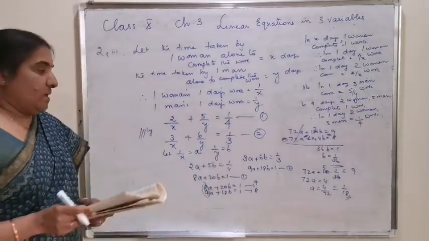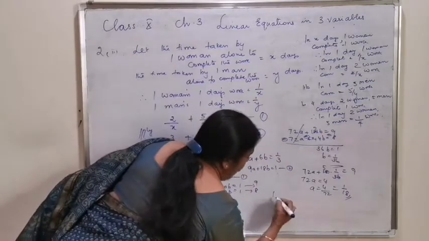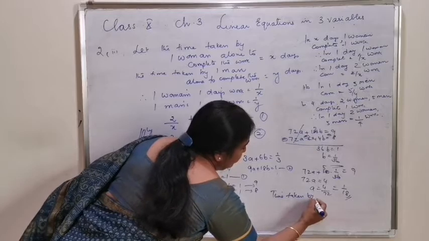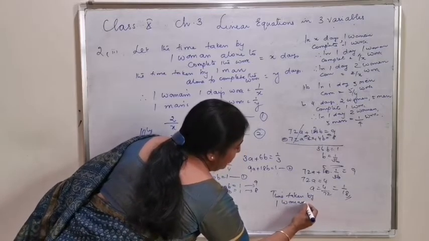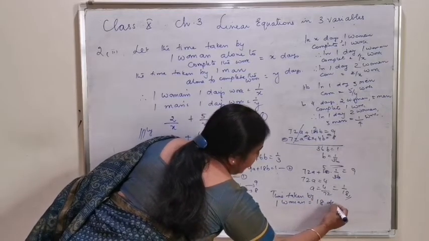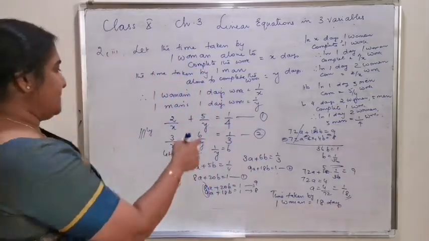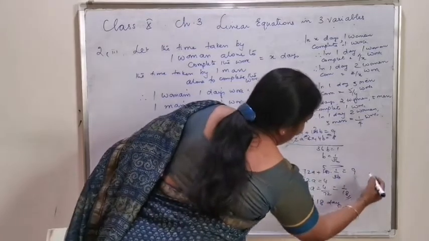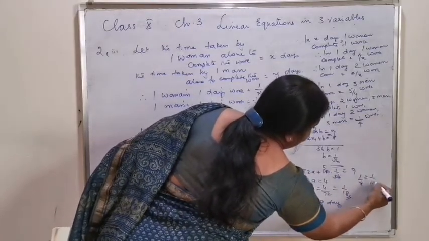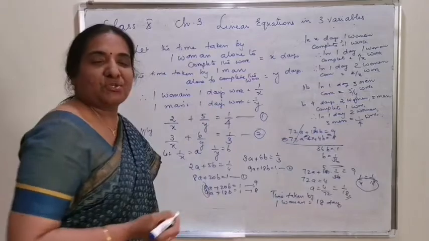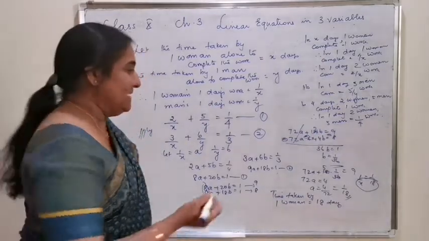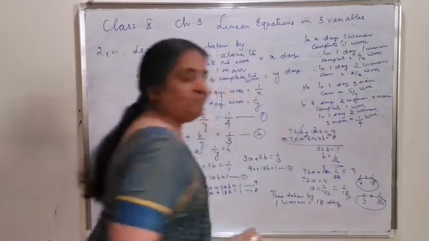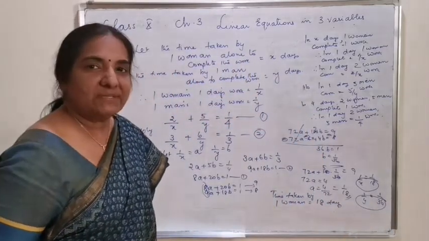That is, the time taken by one woman is equal to 18 days. We have to give back the substitution as 1 by X is equal to A. 1 by X is equal to 1 by 18, which shows that X is equal to 18. 1 by Y is equal to 1 by 36, which shows that Y is equal to 36.